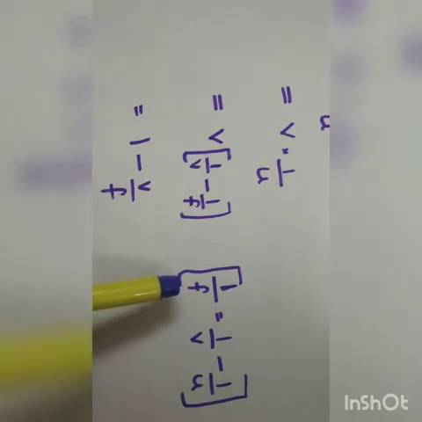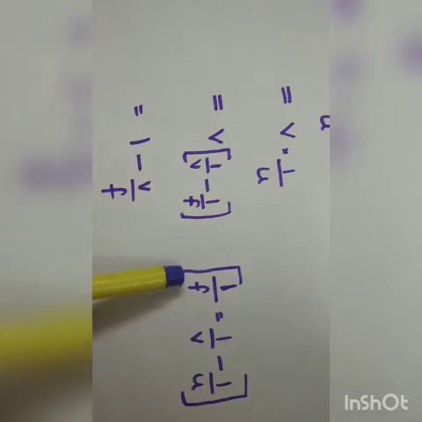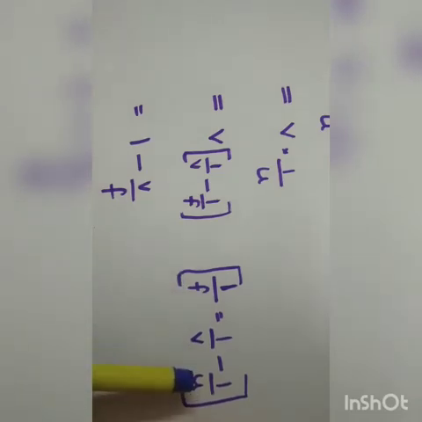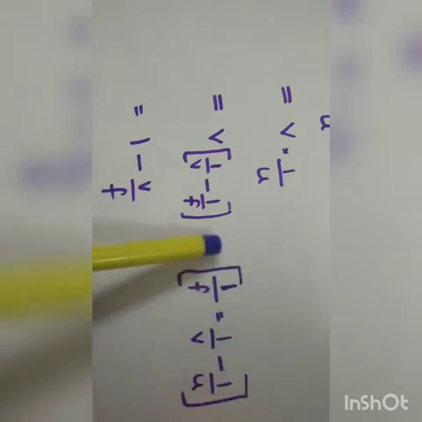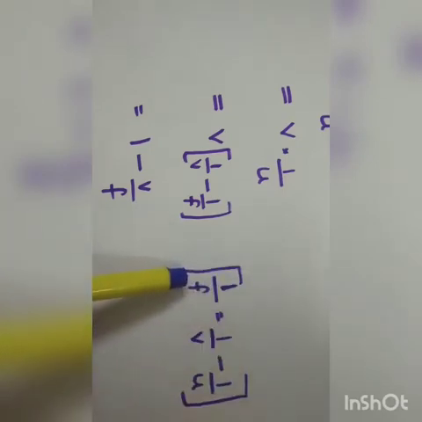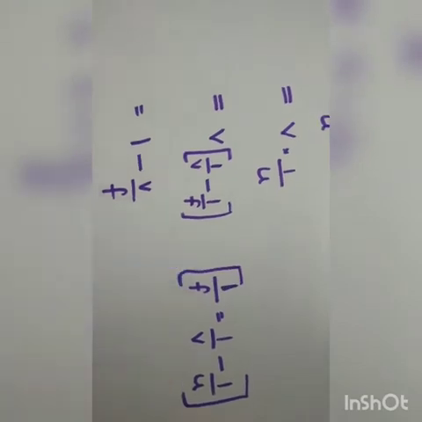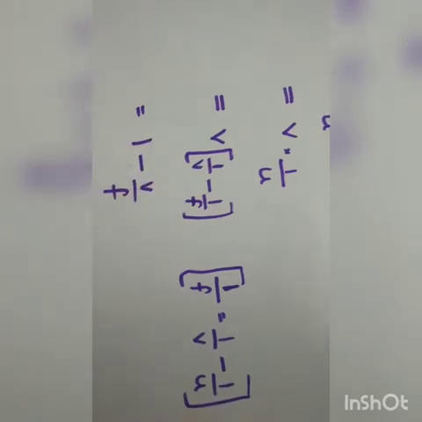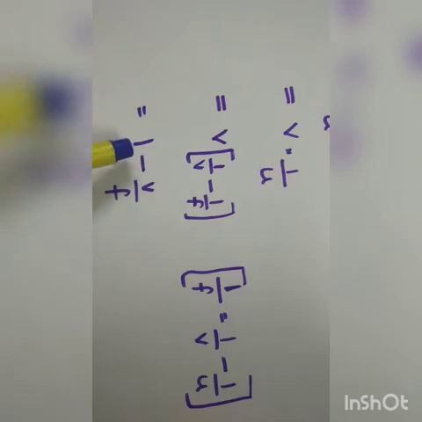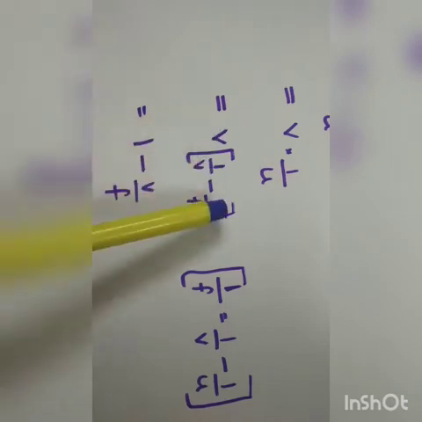From the lens formula, 1 by F is equal to 1 by V minus 1 by U. From this equation, 1 by U is 1 by V minus 1 by F. Taking minus 1 by U to this side, 1 by U becomes 1 by V minus 1 by F. Open the bracket: V into 1 by V, 1; V into minus 1 by F, minus V by F.